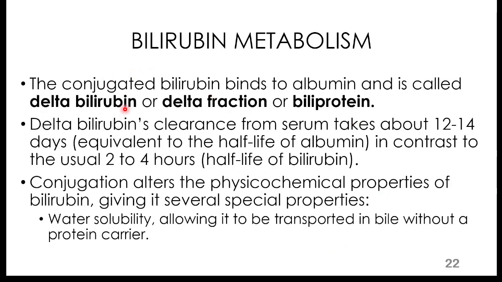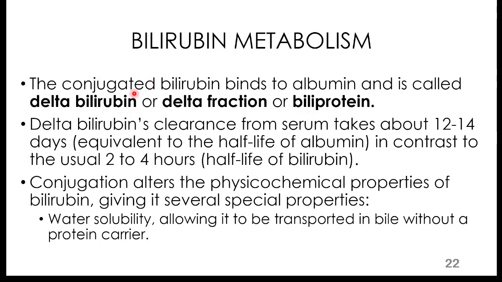So this conjugated bilirubin too can bind to albumin. We started with the transport of bilirubin from the reticuloendothelial system after the senescent red blood cells have been broken down. That was unconjugated bilirubin.